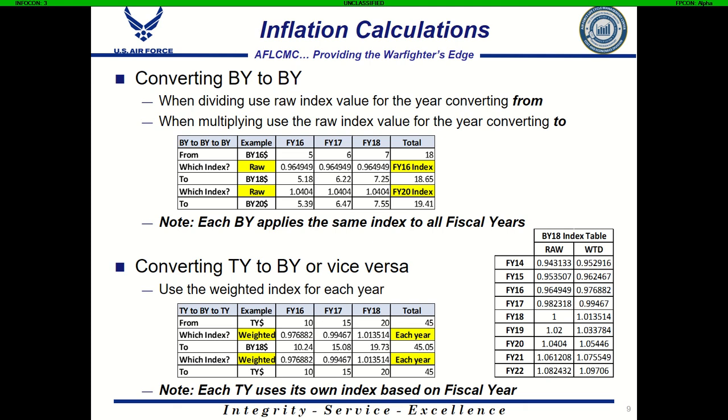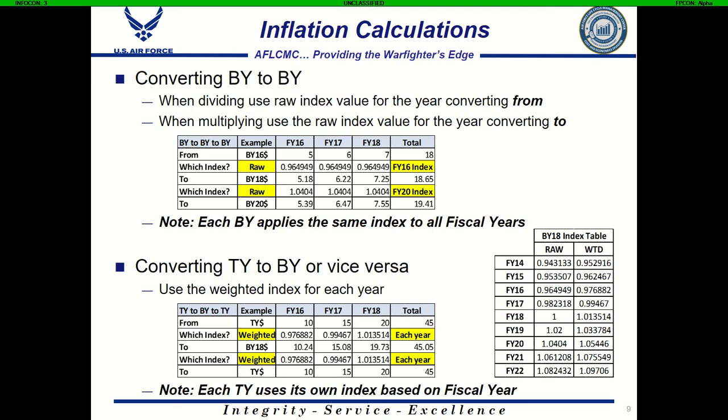For the example at the top, base year to base year conversions, we're given base year 16 dollars of 5 in FY16, 6 in FY17, and 8 in FY18. Total is $18 million. We want to convert this to base year 18 because base year 18 is the year of the index table we're given.